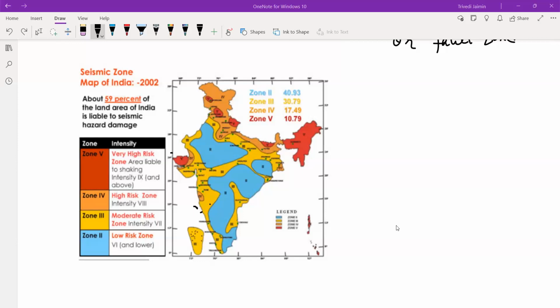Sir, can you show us a picture of the division of the tectonic plates? Like the picture of each tectonic plate. Okay, let's see. Let me just download the map itself. Super.